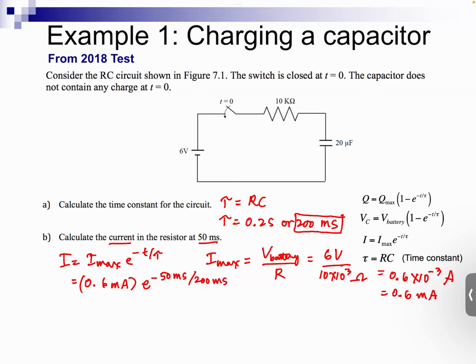Then I don't have to convert my 50 milliseconds to seconds if I work with tau in milliseconds, because the units just cancel out in the equation anyway. So just be conscious with units. It's fine to work with milliseconds or seconds, just be consistent, because if you're not, you will lose some decimal places.